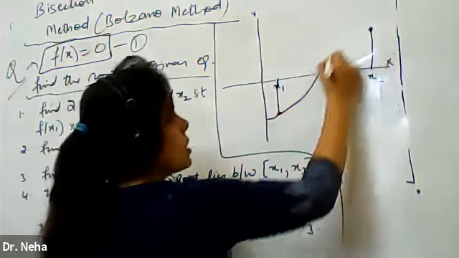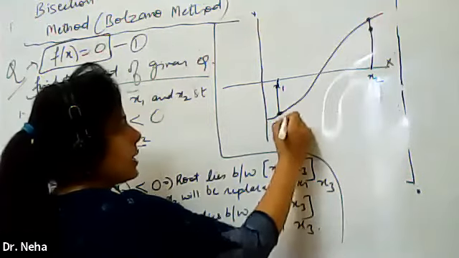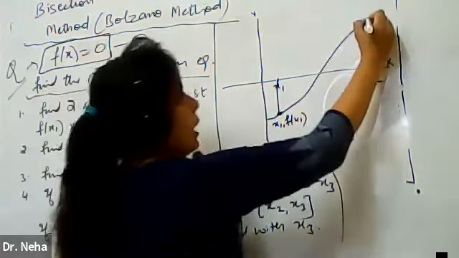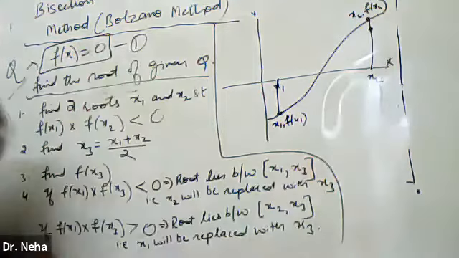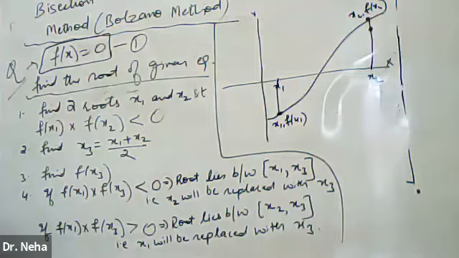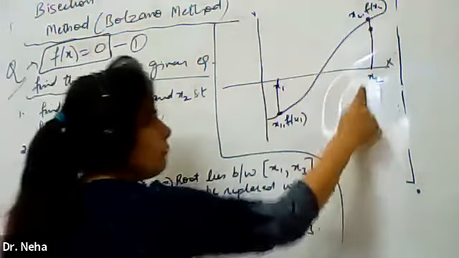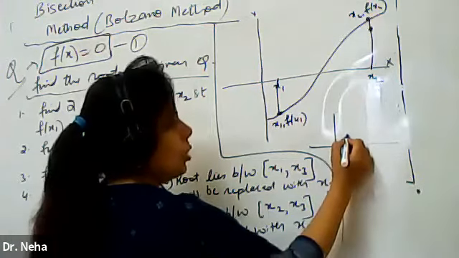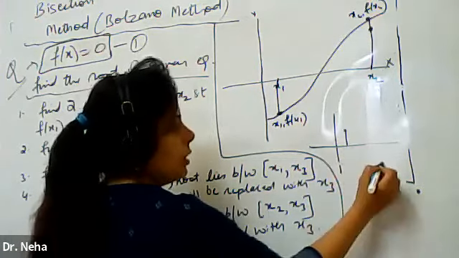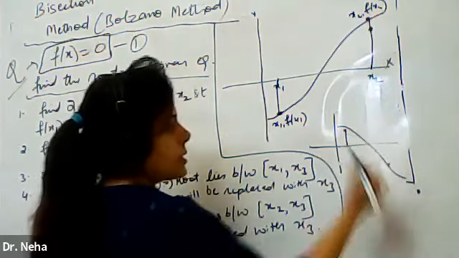So this is our point x1, fx1, and this is our point x2, fx2. Both should be of opposite sign. If fx1 is positive, then fx2 should be negative. Graph can be formed in this way also. Then you can make the graph like this.